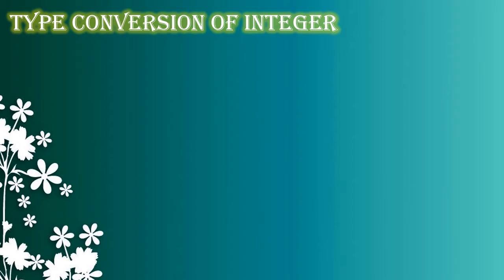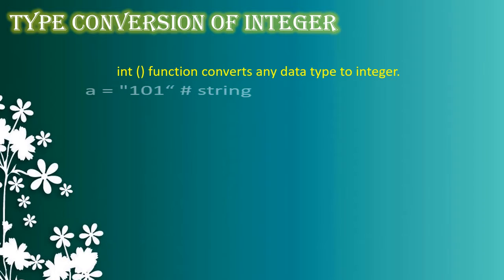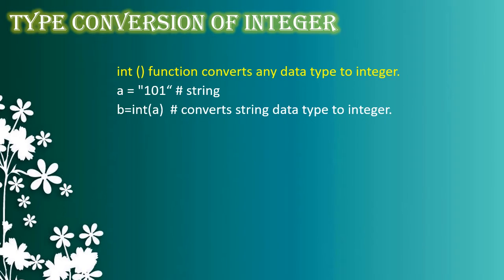And we can convert any type to integer using the function int. Consider a equal to "101". It is a string value because it is enclosed by double quotes, and now we are converting that string a into an integer through the function int. So b equal to int of a.